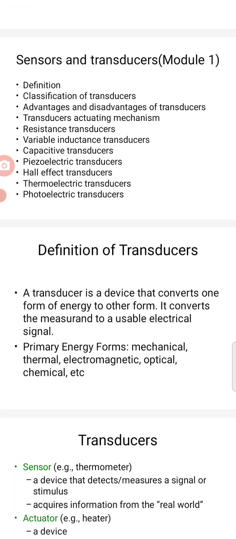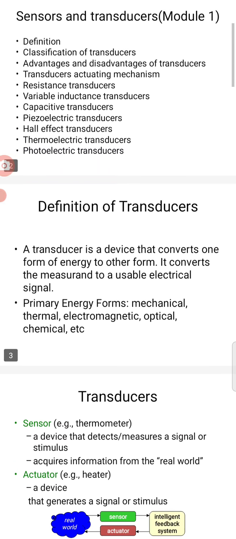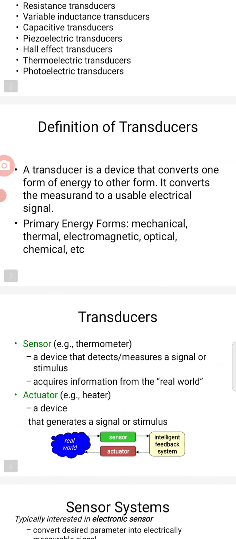The primary energy forms may be mechanical energy, thermal energy, electromagnetic energy, optical energy, chemical energy, etc. Therefore, the transducer is a device which is used for conversion from a physical quantity to an electrical quantity. The transducer has two types of devices, that is sensors and actuators. A sensor is a device that detects a signal, but an actuator is a device that generates a signal.